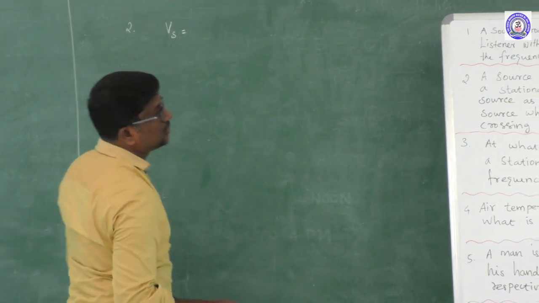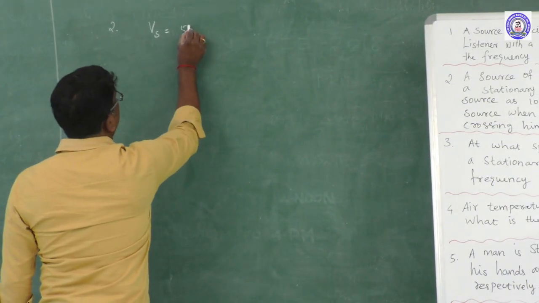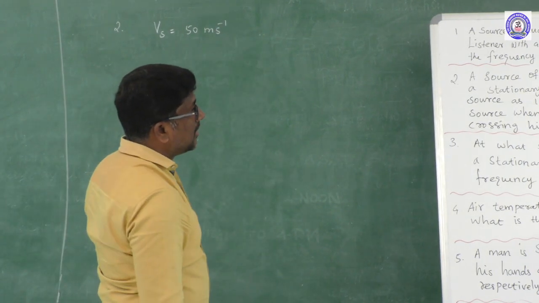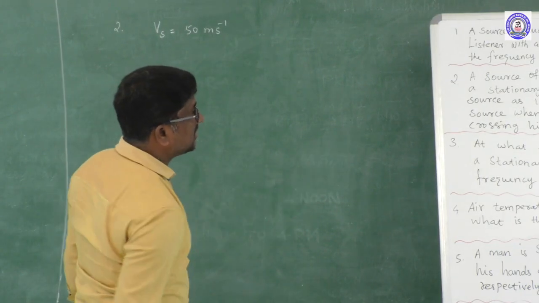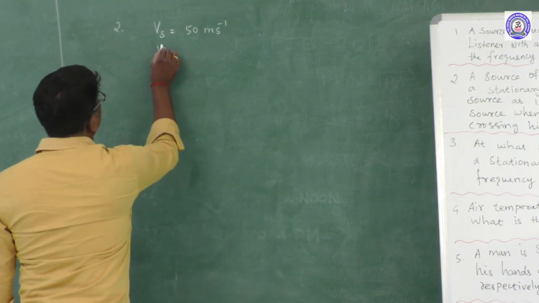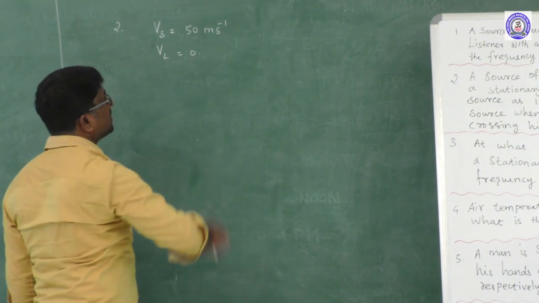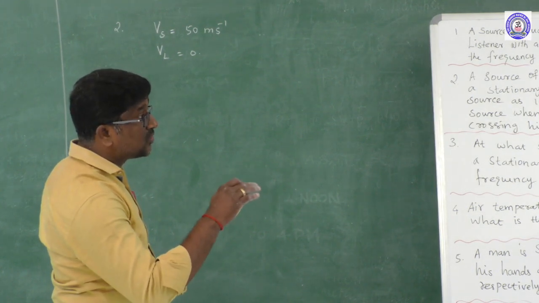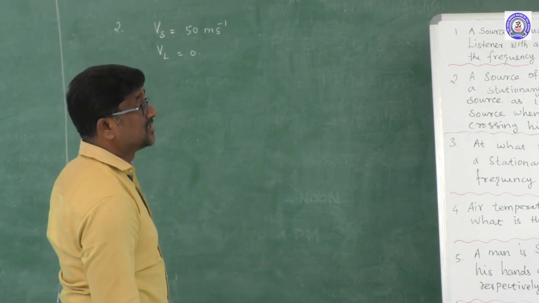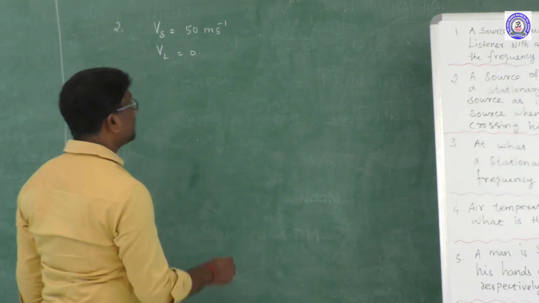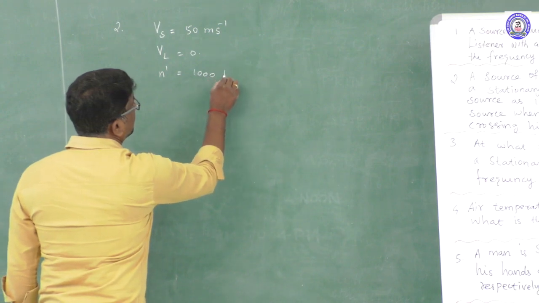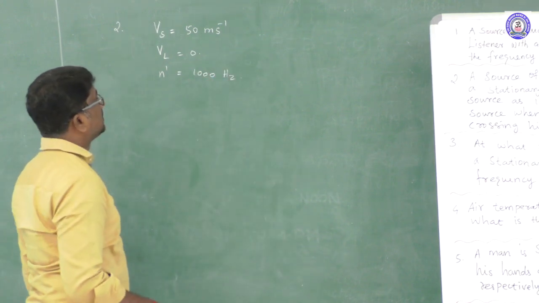Right. So first, the given values are the velocity of the source Vs equal to 50 meters per second. And next, since the listener is stationary, VL is equal to 0. The listener measures the frequency of the source as 1000 Hz, that is, the apparent frequency n prime is equal to 1000 Hz.